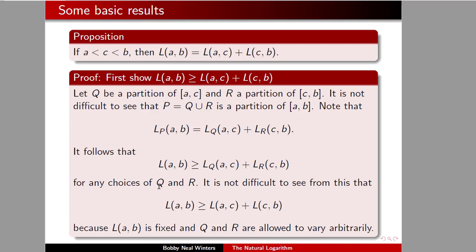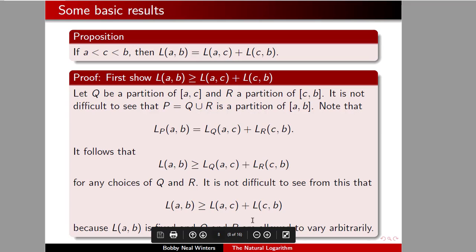There was nothing special about LQ or LR, and so it's not difficult to see from that that L of AB is greater than or equal to L of AC plus L of CB.